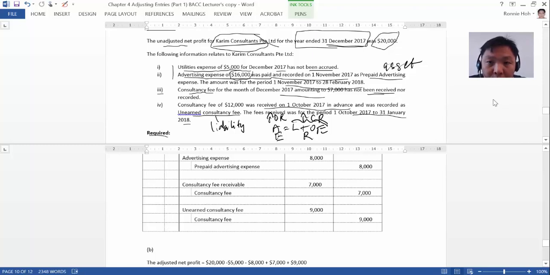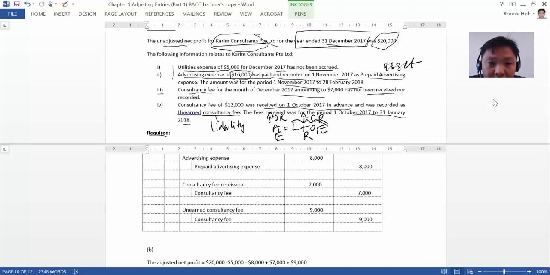Well, if you count with me, it's October, November, December. So that will be 3 months. So out of the 4 months that you receive in advance on 1st October, by 31st December 2017, you can now record in your books 3 months of consultancy fee that you have earned.